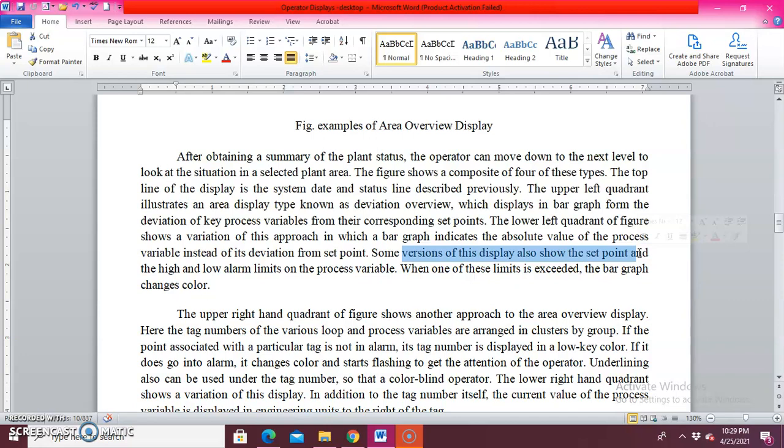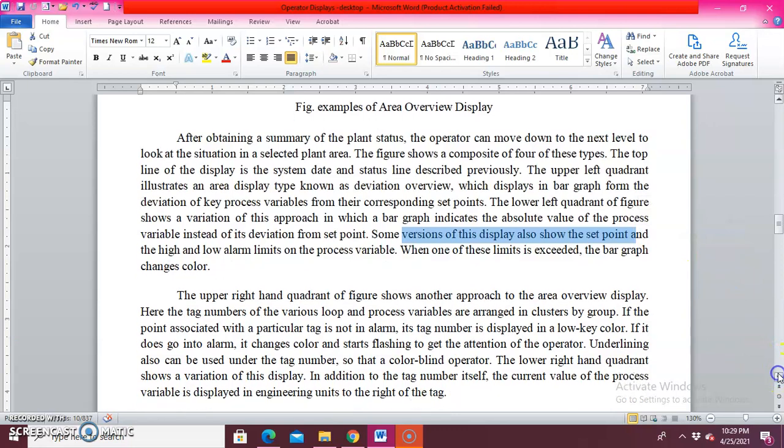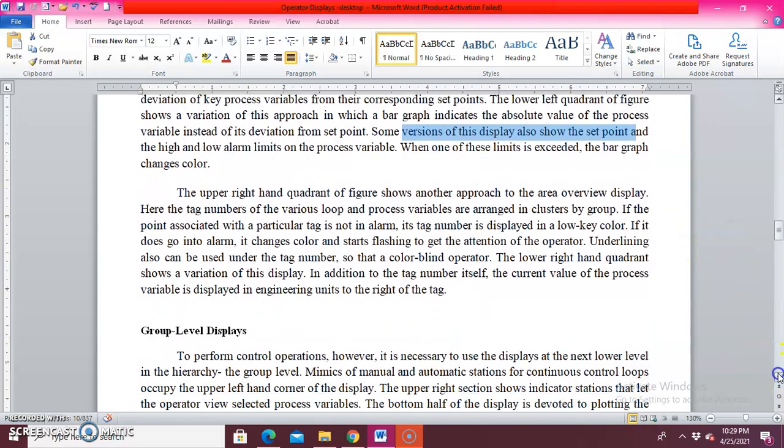From the tuning process he can adjust the set point, high level, low level, limit signal as well as process variables. If the time is exceeded, that will be indicated through your bar graph, and the bar graph consists of colors. Each color gives you the values.